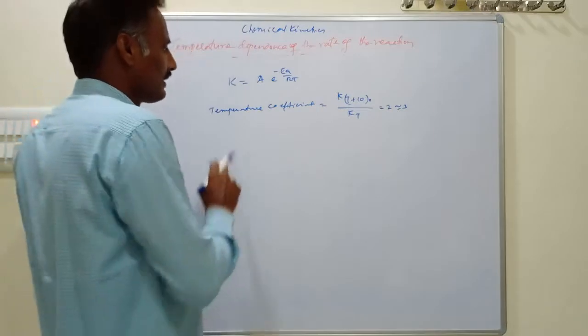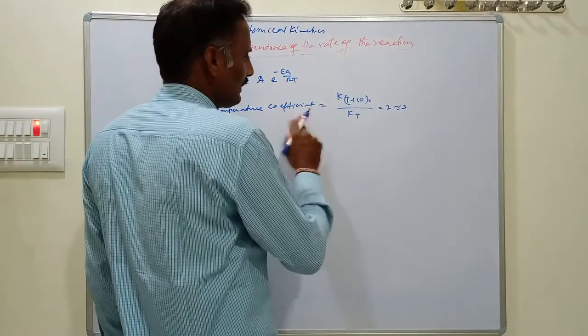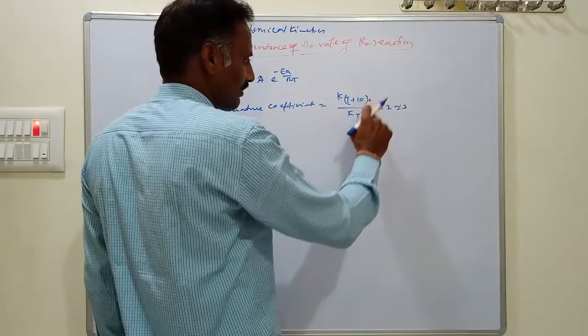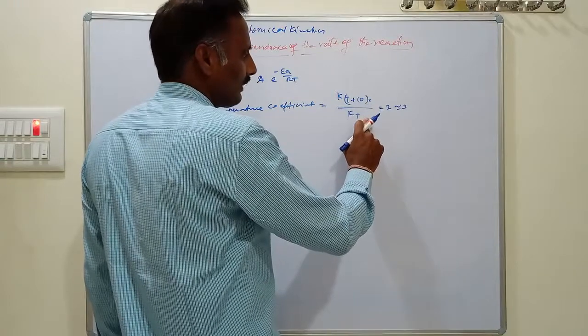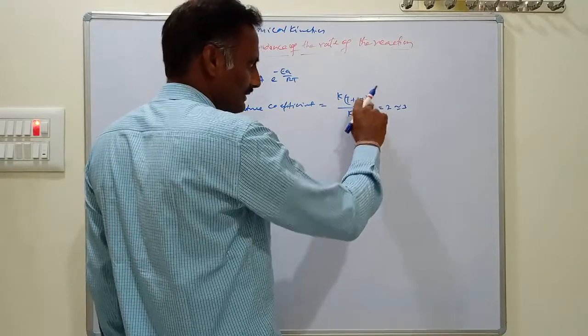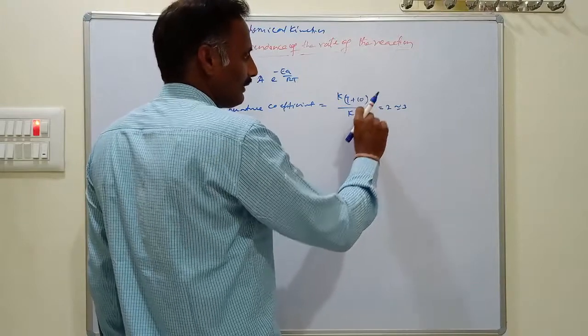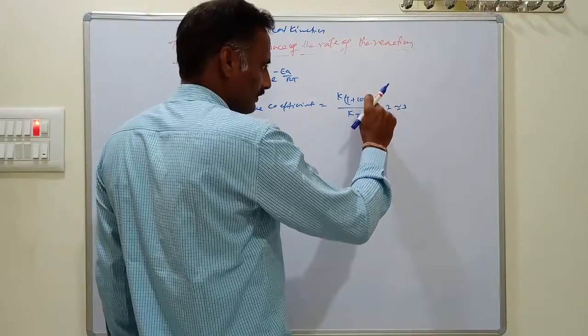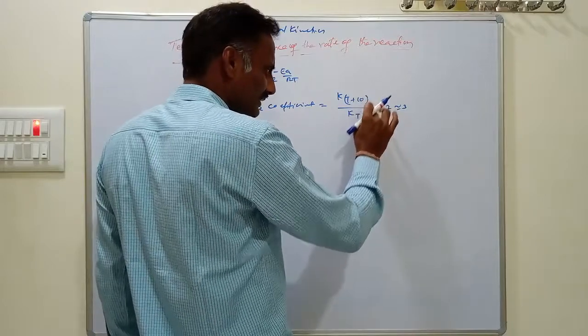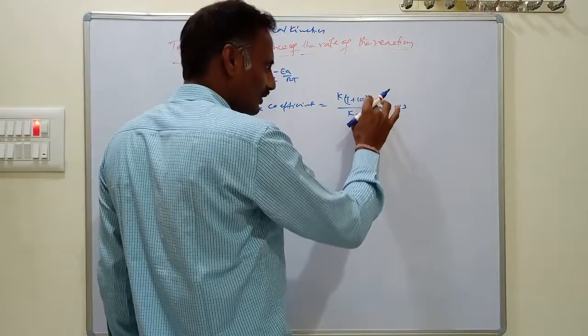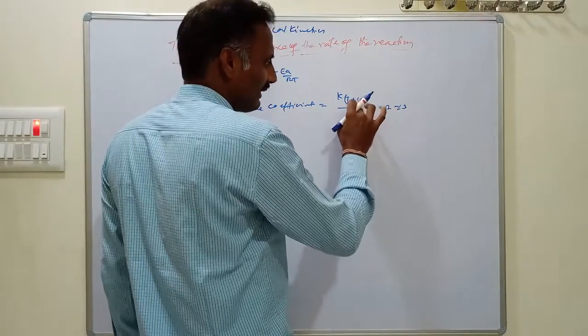What is the temperature coefficient? It is the ratio of the rate constants of a reaction at two different temperatures differing by 10 Kelvin.